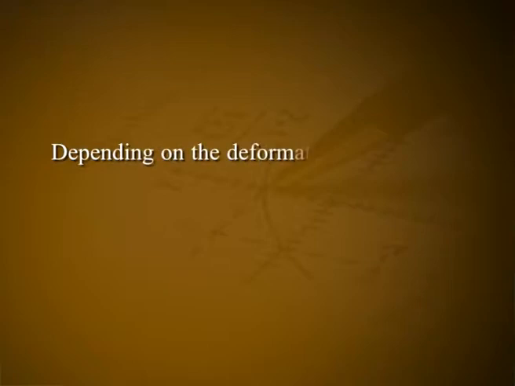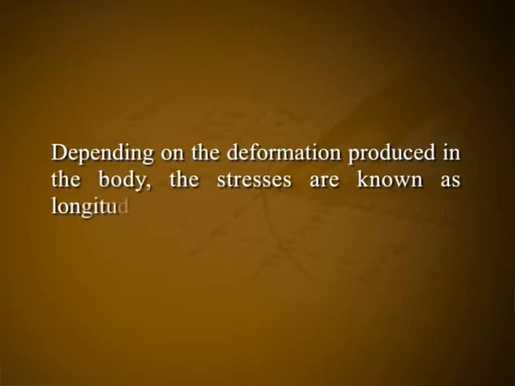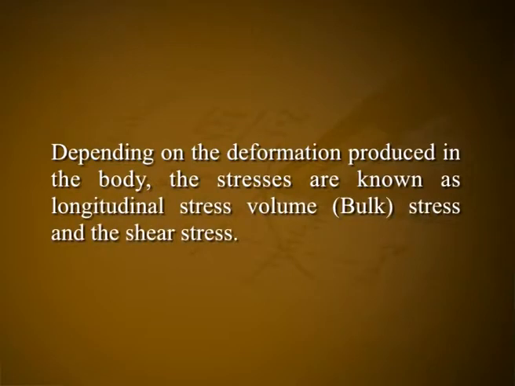Depending on the deformation produced in the body, the stresses are known as longitudinal stress, volume or bulk stress, and shear stress. If the external force acting on the body is inclined to the surface, its component perpendicular to the surface measured per unit area is known as the normal stress, and the component acting along the surface per unit area is called the tangential or shearing stress.